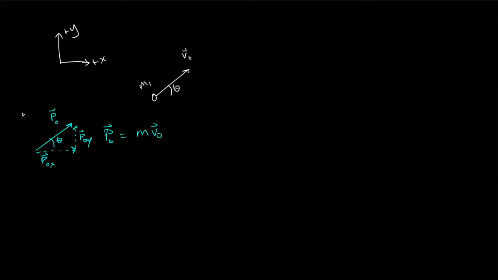We can find the magnitude of that horizontal component using trig. P naught x equals P naught cosine theta, or subbing in, m1 v naught cos theta. But this part is equal to the horizontal component of velocity.